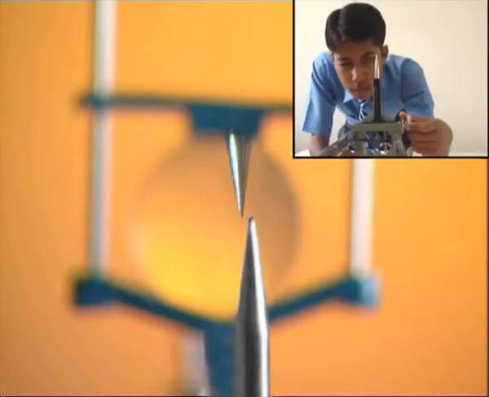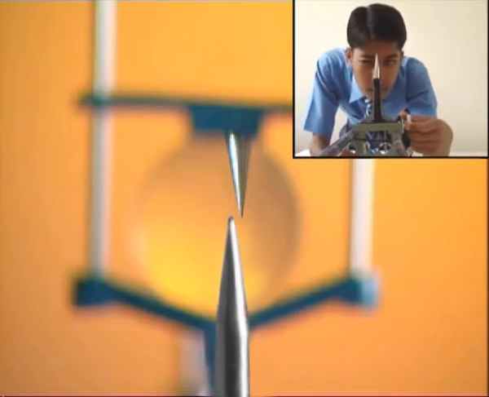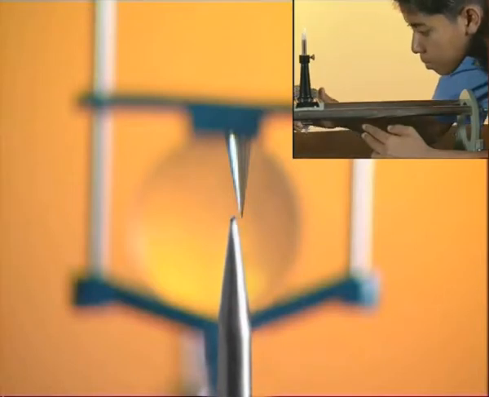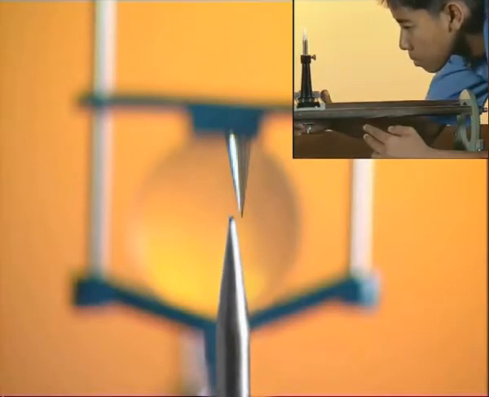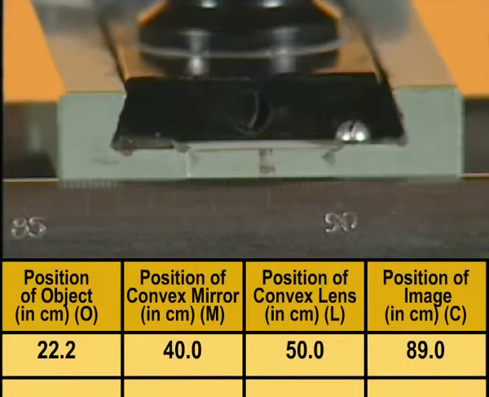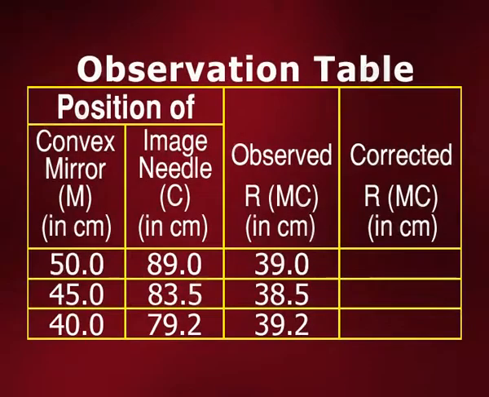You are not to disturb the position of the lens or the object needle while adjusting the position of the image needle. Note and record the position of the image needle. Repeat for different needles and take at least 3 different sets of readings. Find the index correction to be applied to R, the radius of curvature.